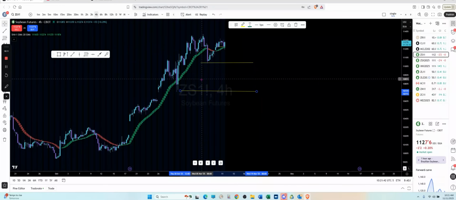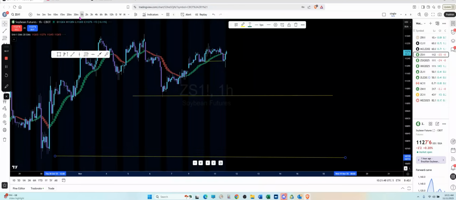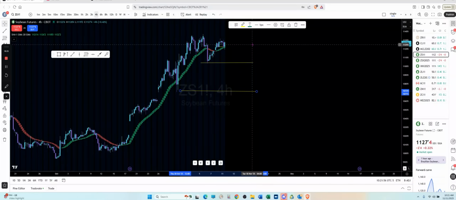So basically this market is still in an uptrend. And this is probably an area where buyers are obviously trying to step back in. Okay. So we'll keep an eye on that.